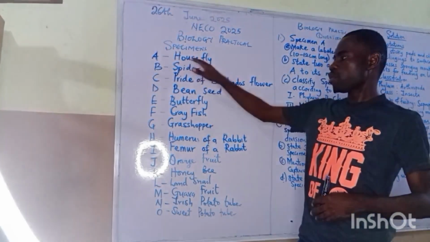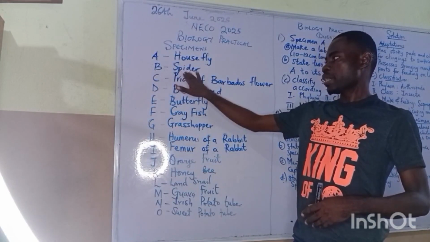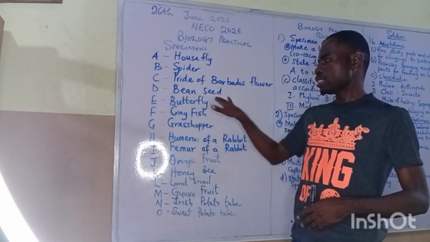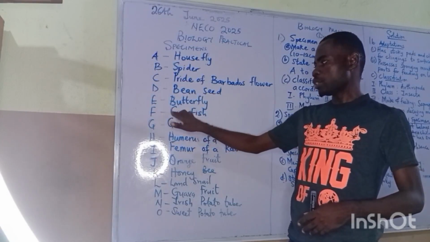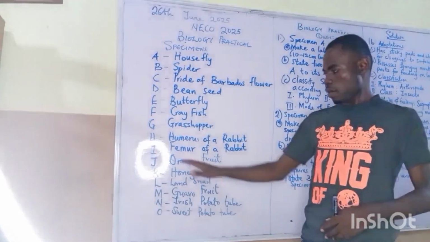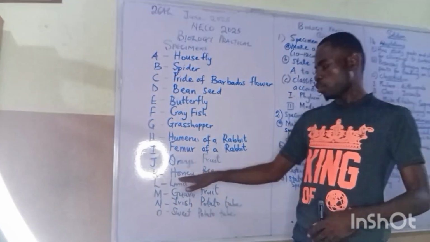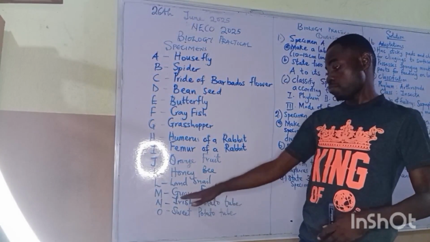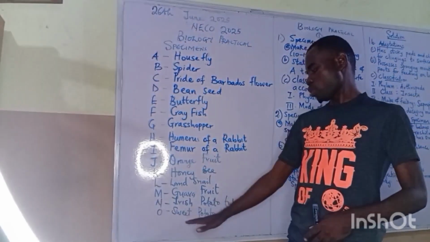So we have specimens running from A to O. Specimen A is housefly, B spider, C pride of Barbados flowers, D the bean seed, E we have the butterfly, F we have the crayfish, G we have grasshopper, H we have humerus of a rabbit, I we have the femur of a rabbit, J we have orange fruit, K honeybee, L land snail, M guava fruit, N Irish potato tuber, and O sweet potato tuber.